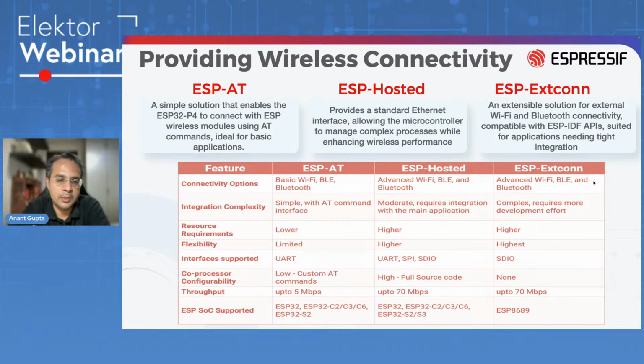ESP-Hosted, which is, I would say, the most flexible as well as powerful way to do this, uses a standard Ethernet interface, so an 802.3 interface, to allow the microcontroller to manage complex processors while enhancing wireless performance. It uses advanced Wi-Fi and BLE APIs to call.